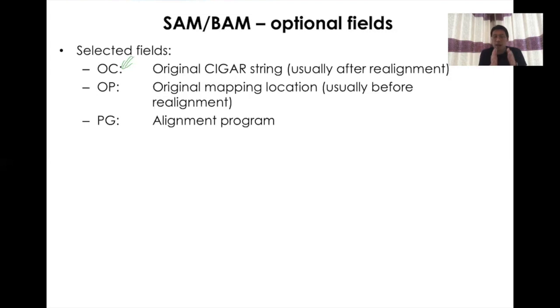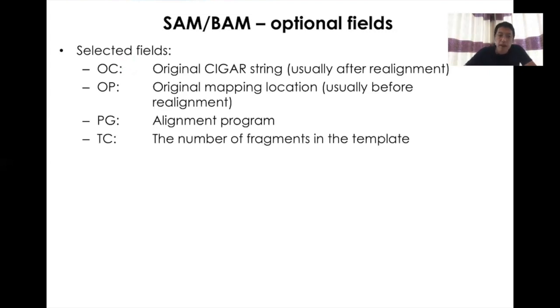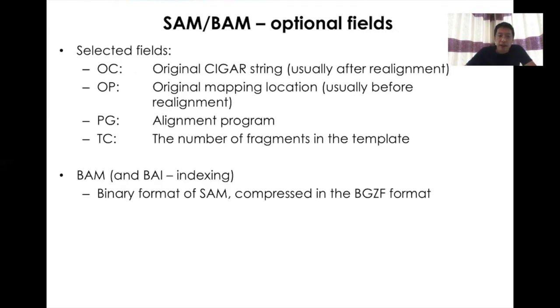In that case, we may need to record what the original CIGAR string alignment is, and then document the CIGAR string for this particular alignment. And there are many others available.